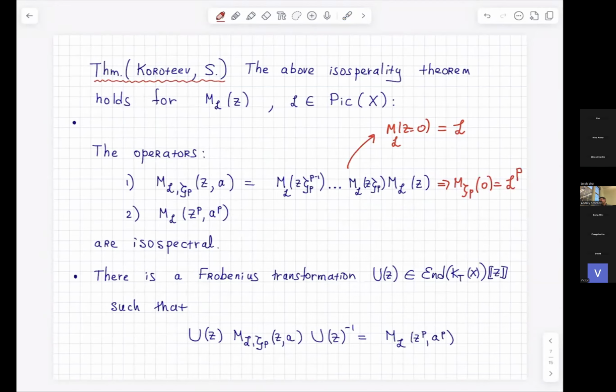And so classically, this operation is exactly the Adams operation. It's an operation which acts on line bundles, raising them to the power p. And this is some kind of quantum generalization of this thing.